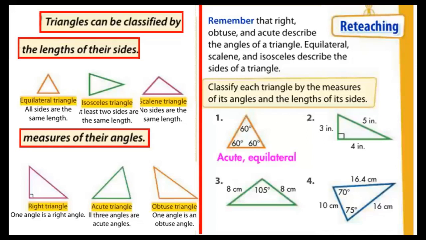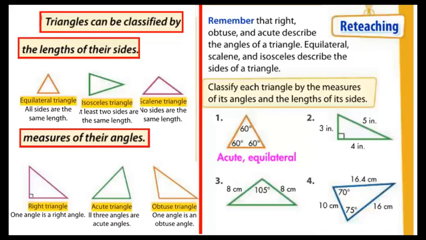Why acute? Because we have three angles less than 90. Why equilateral? Because we have three sides equal in length. Okay, my dear. So the first one will be an acute and equilateral triangle.